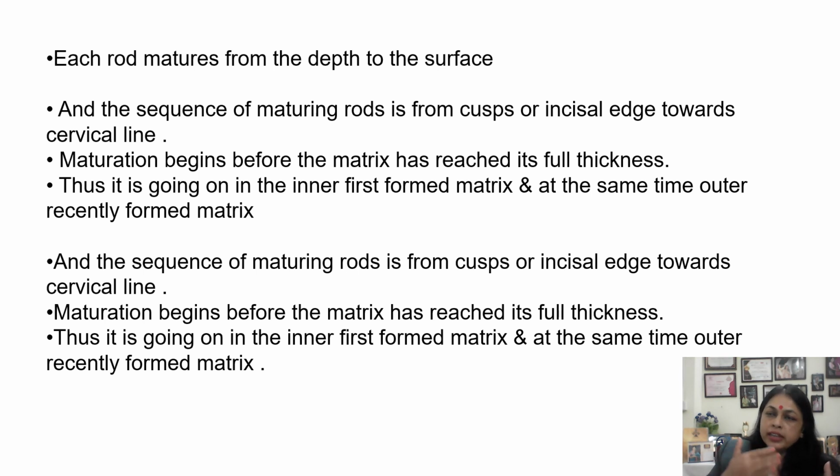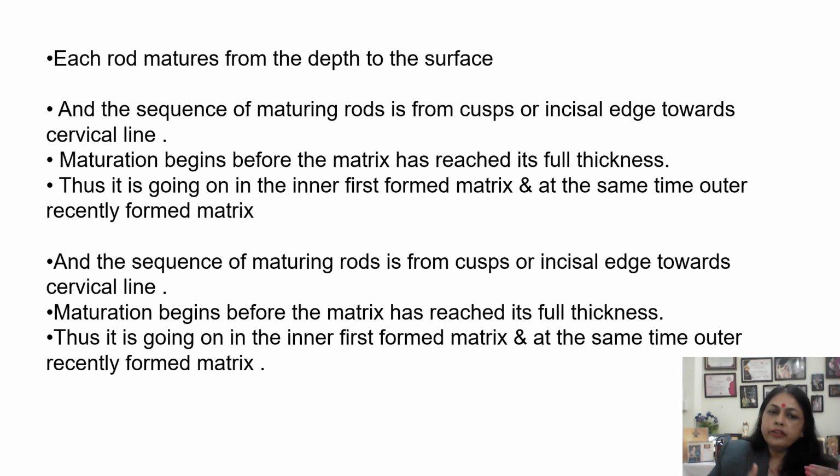No, as soon as the first layer is laid down, its maturation begins, and at the same time another layer of matrix is laid down, as we have seen in the earlier portion of this chapter, that enamel matrix formation is layer by layer. Matrix formation does not happen in one complete bulk.